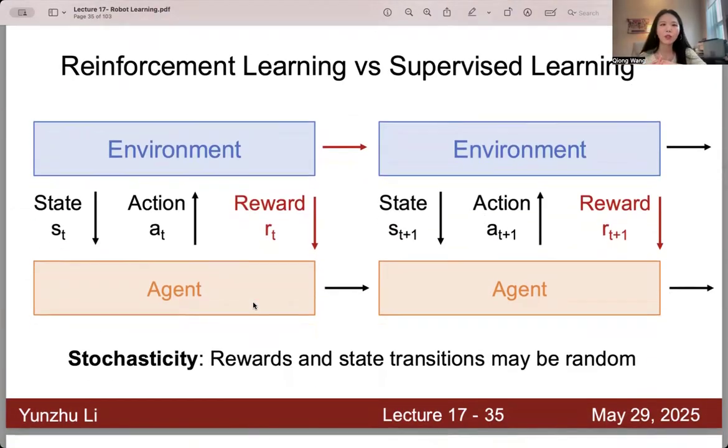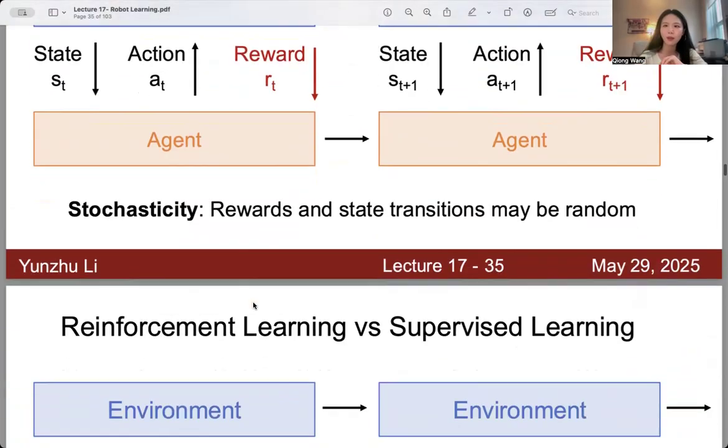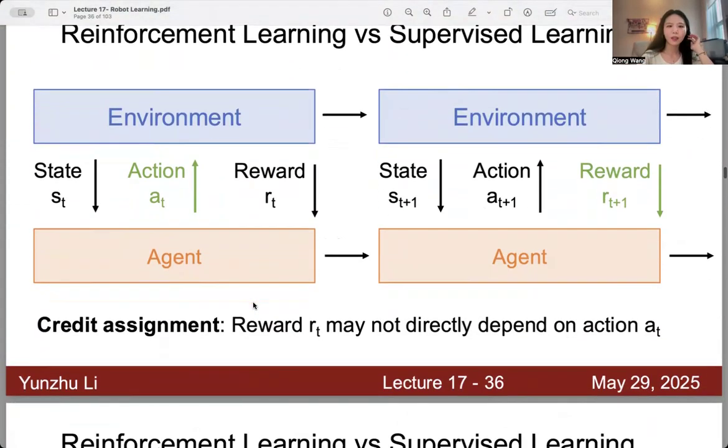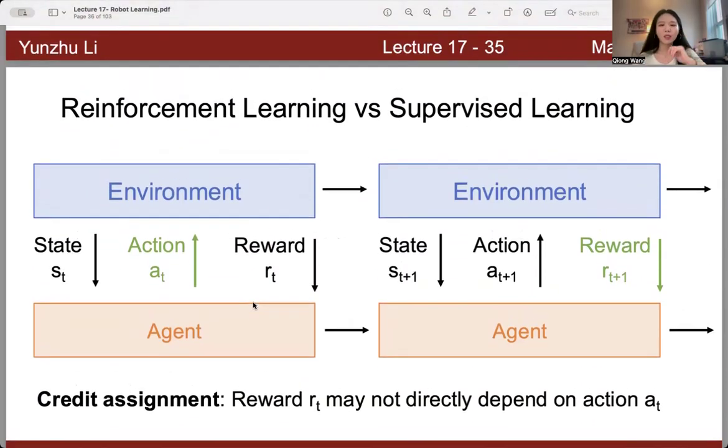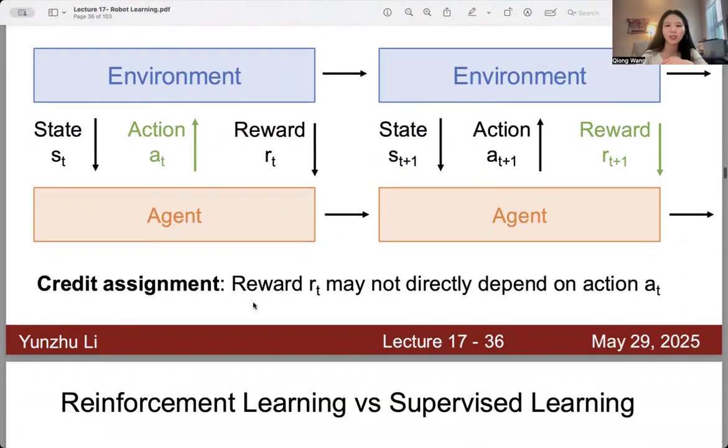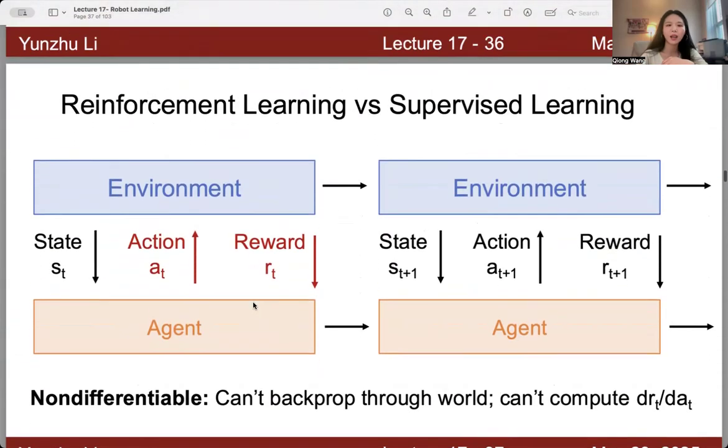But reinforcement learning is different. The reward and the state transitions may be very random, and the reward R_t may not directly depend on action A_t. Another thing is that reinforcement learning cannot backpropagate through the world.